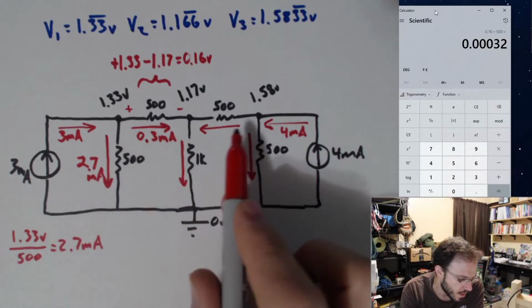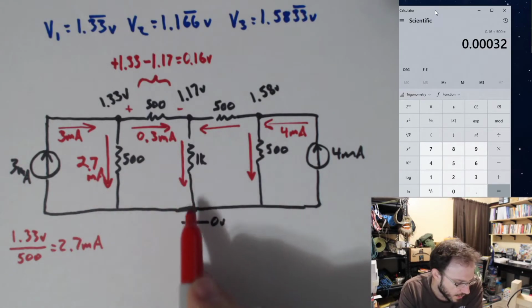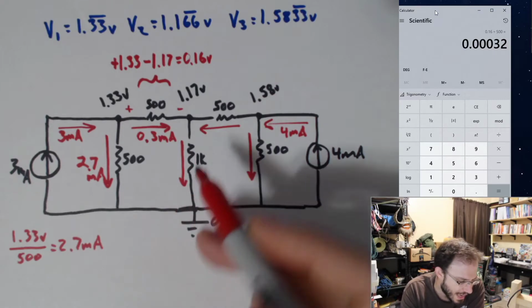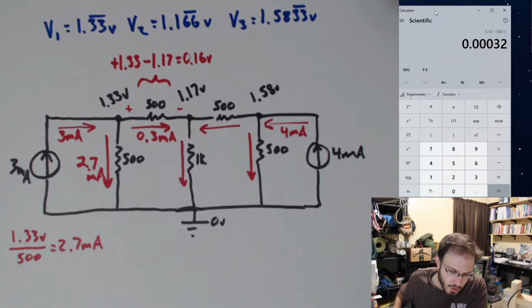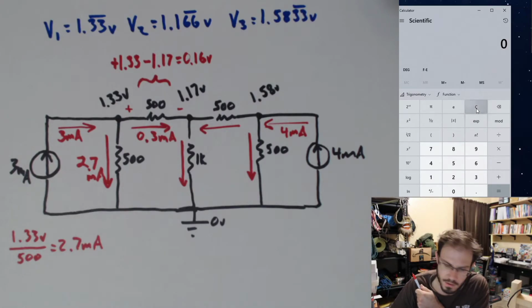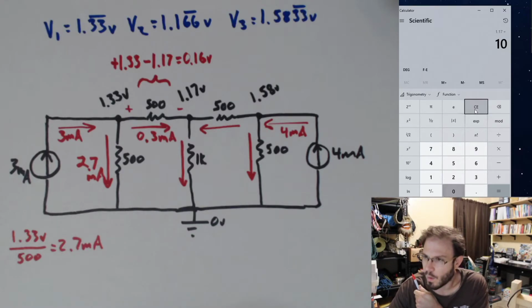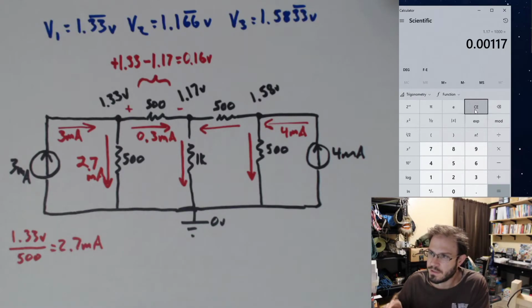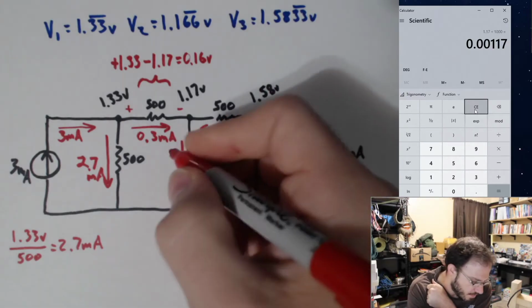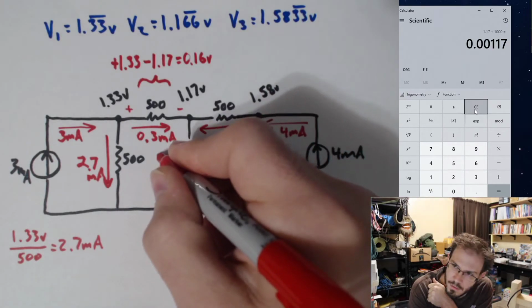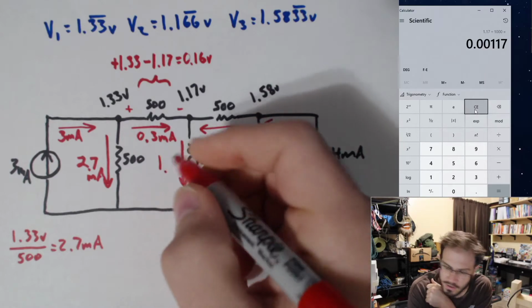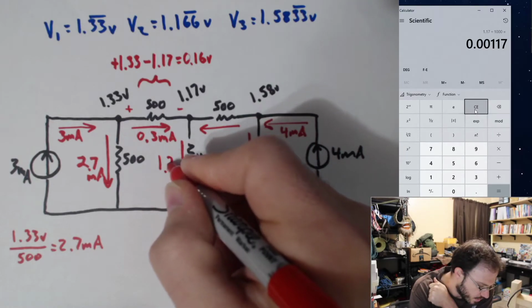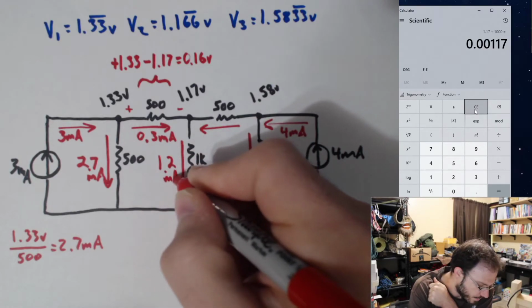Okay, so now let's look at this other one over here. I have this 1K, I have 1.17 volts across it. So 1.17 divided by 1,000 gives us 1.17 milliamps. I'll just call that 2 milliamps.